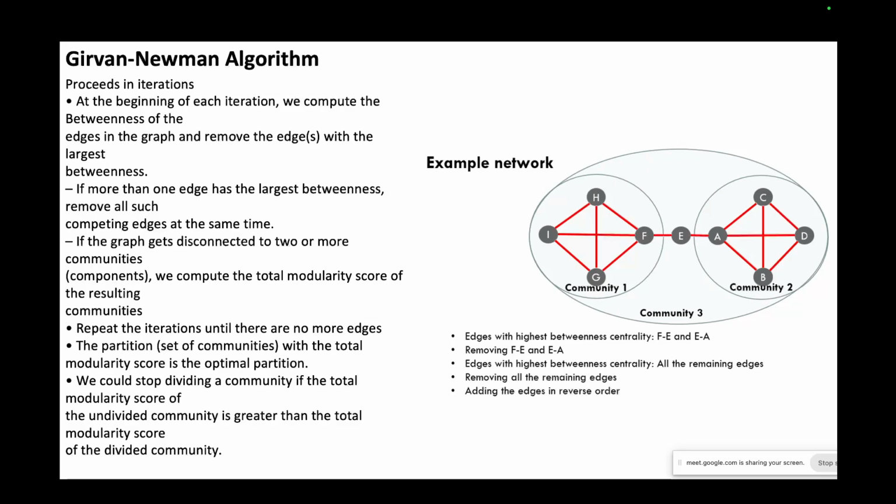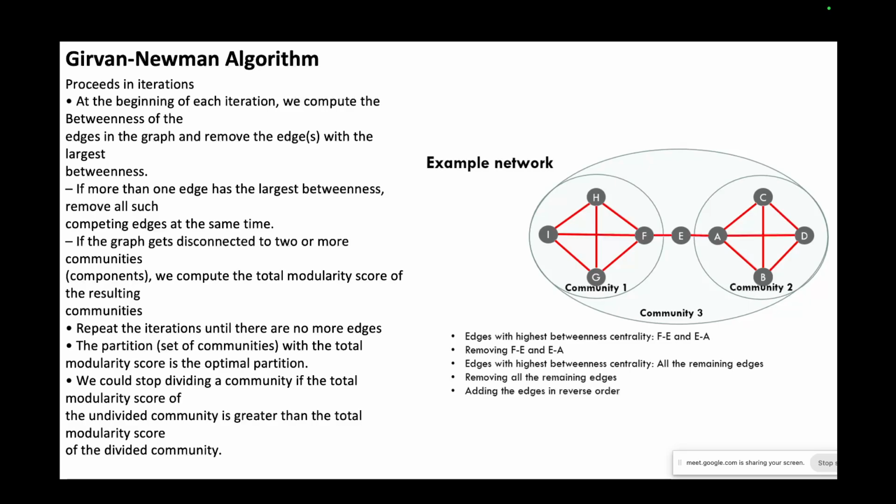And then again, you do the same. You find the node having the highest betweenness, then you remove it and you do it iteratively until there are no more edges left in the network. And for each of the modules formed after you remove the highest betweenness node, you calculate something called the modularity of these small communities.